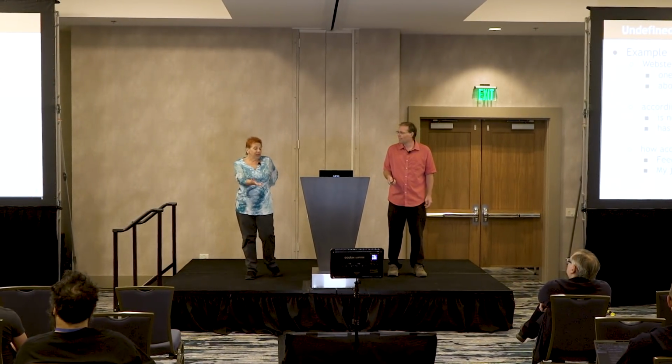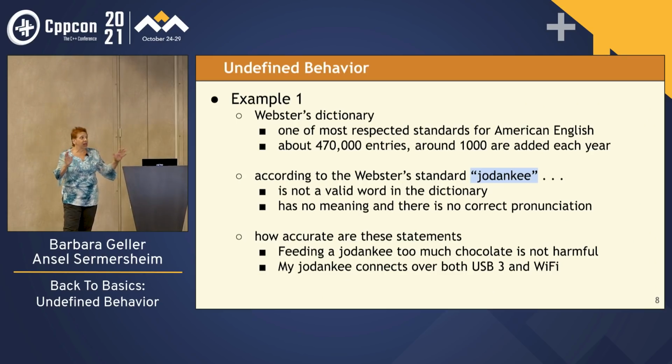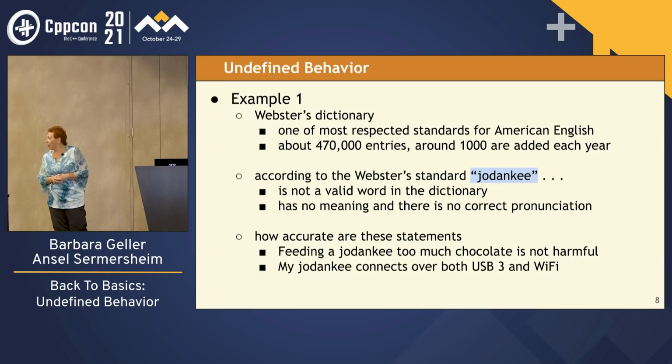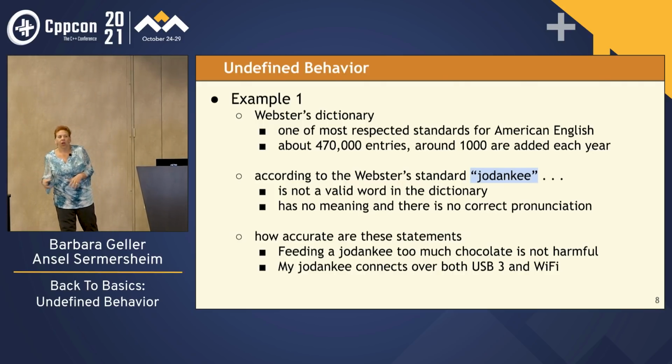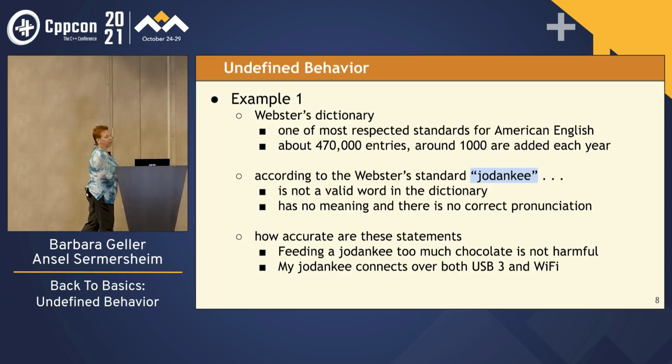I do like my jodenki connects over USB 3 and Wi-Fi. The problem is, because jodenki doesn't mean anything, although it is just characters strung together, the entire sentence has no meaning. You can't reason through what it means at all.